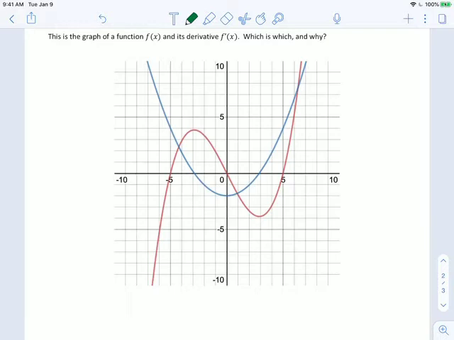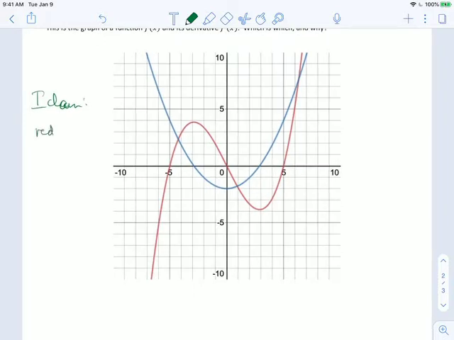So I'm going to make a claim and then we're going to try to establish why that's true. I claim that the red graph is f of x and the blue graph is f prime.